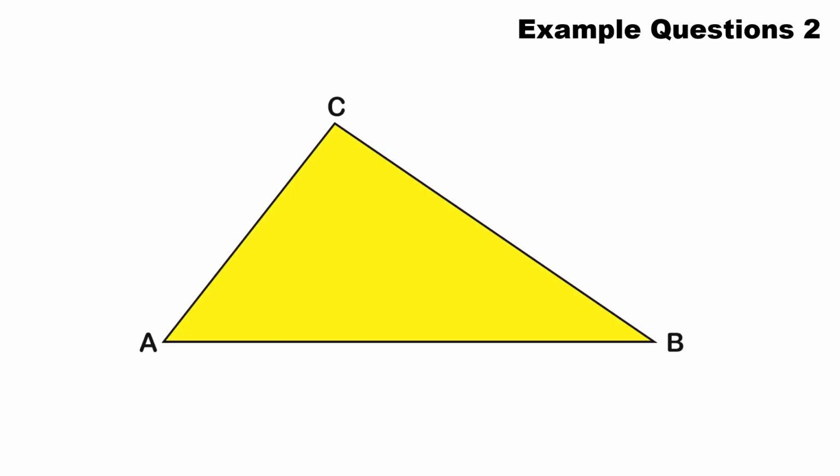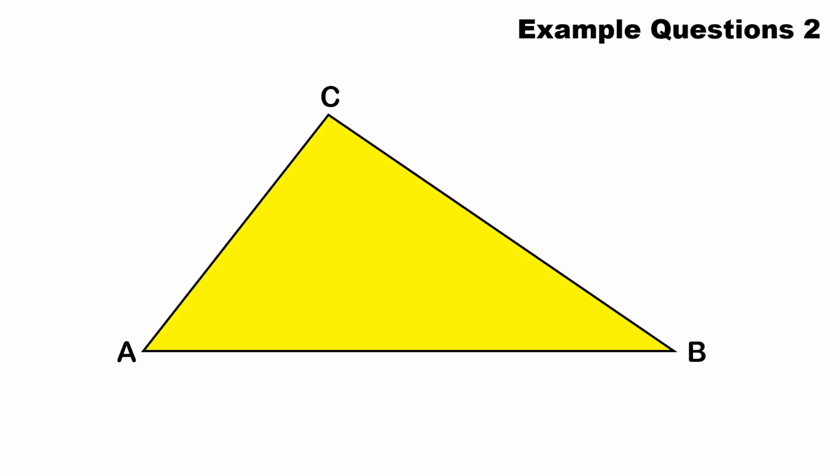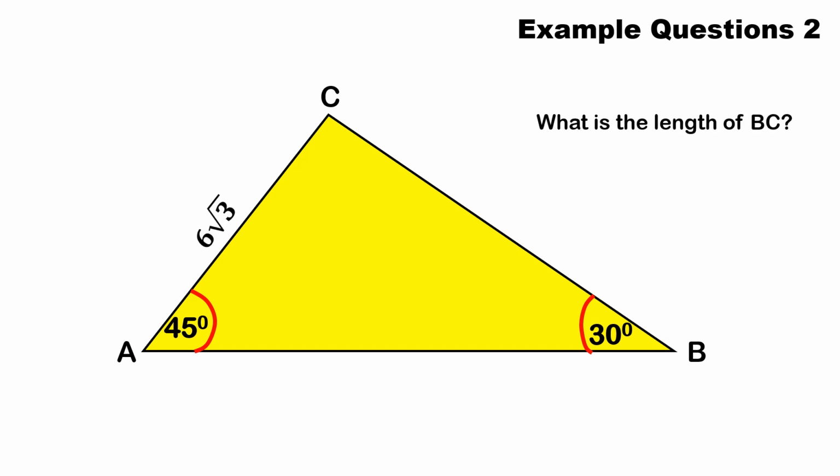Another example. Given a triangle ABC with angle A of 45 degrees, angle B of 30 degrees, and side length AC of 6 root 3. The question is, what is the length of BC?